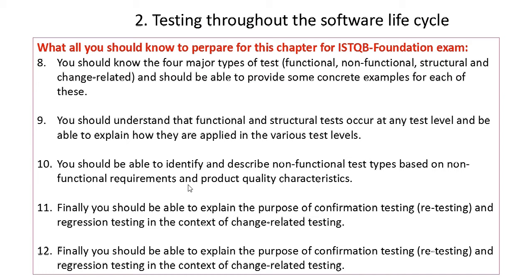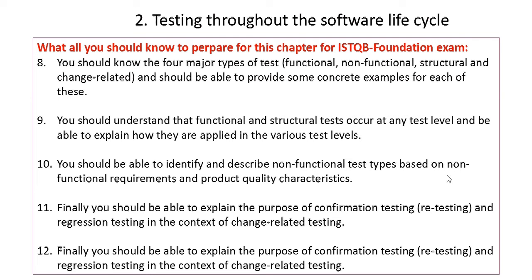That kind of technical specification is defined during the design time itself, and those non-functional tests need to be identified in each test type and test level also, and the product quality characteristics also work under that category. So those all need to be identified.